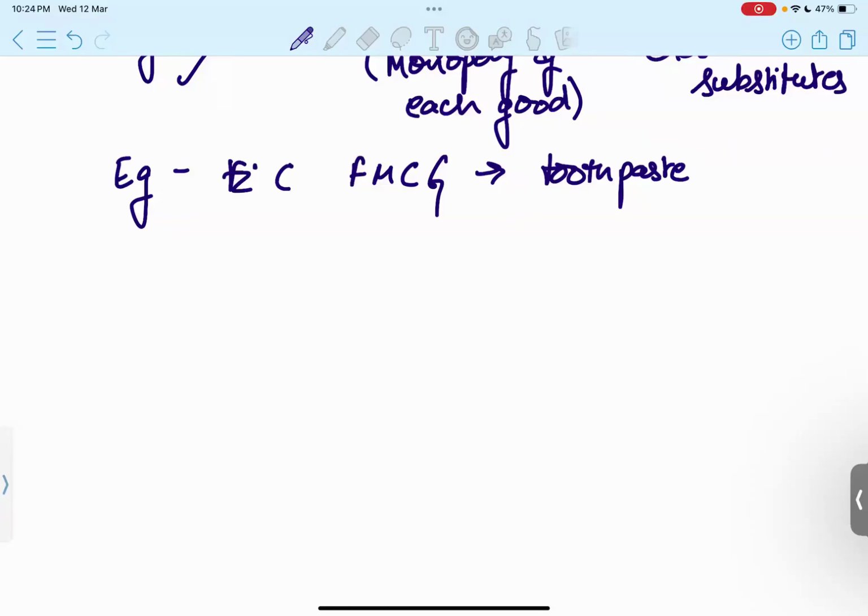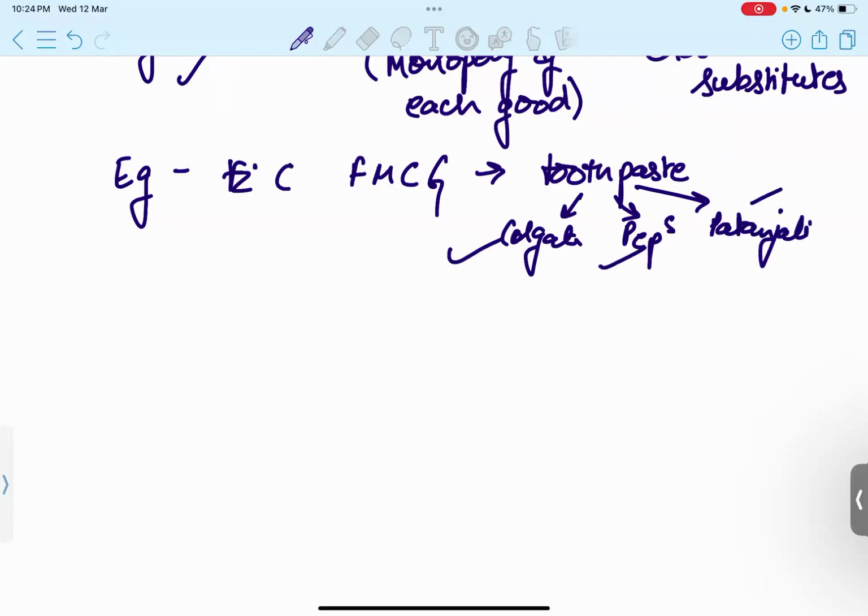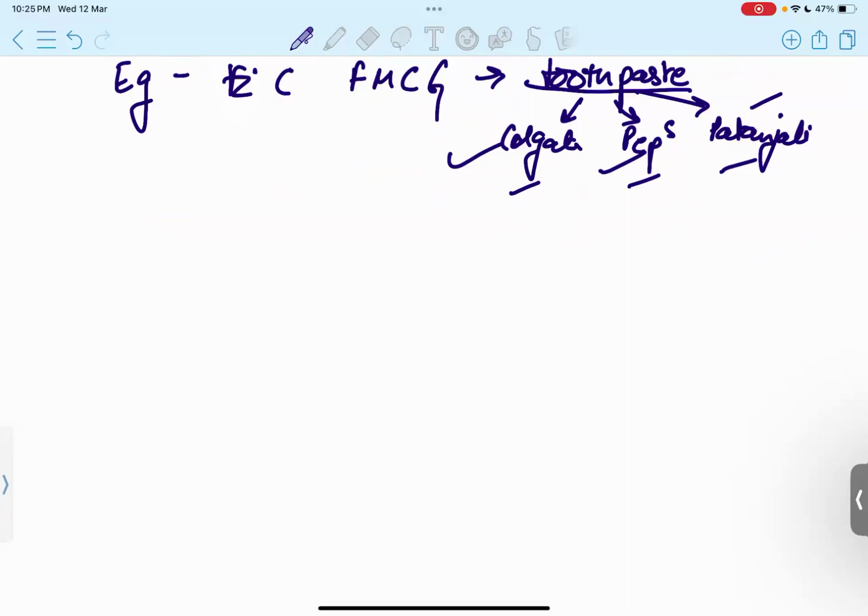Here we have different brands like Colgate or Pepsodent, and we have the Patanjali brand. So these are differentiated goods, different forms of toothpaste. This leads to monopolistic competition, and these are the close substitutes of toothpaste present in the market.